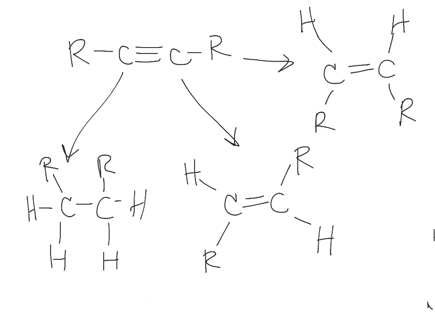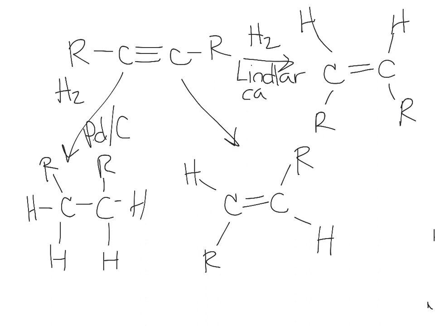It all depends on which reagents you use. So if you want to make an alkane, you can do the same way that you did for alkenes. You can use H2 and palladium on carbon. That will reduce your alkyne all the way down to an alkane. If you want the cis alkene, you can use H2 again, but your catalyst is called the Lindlar catalyst.